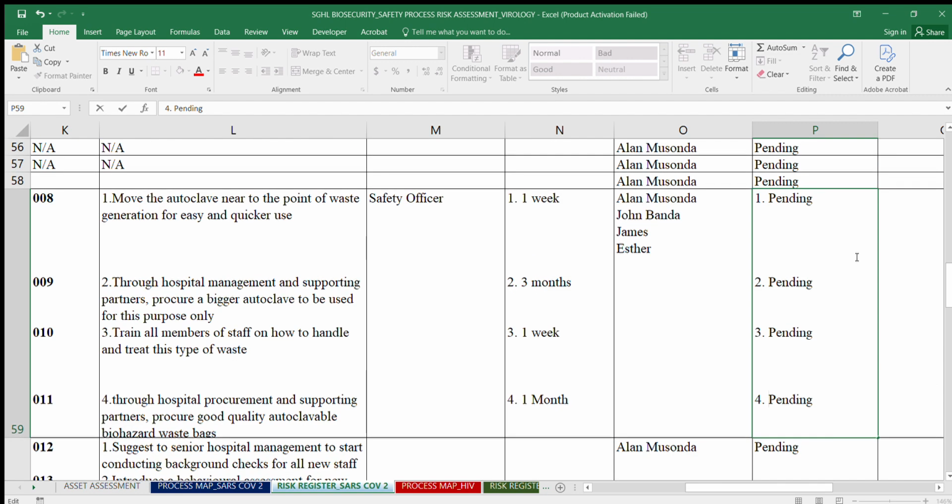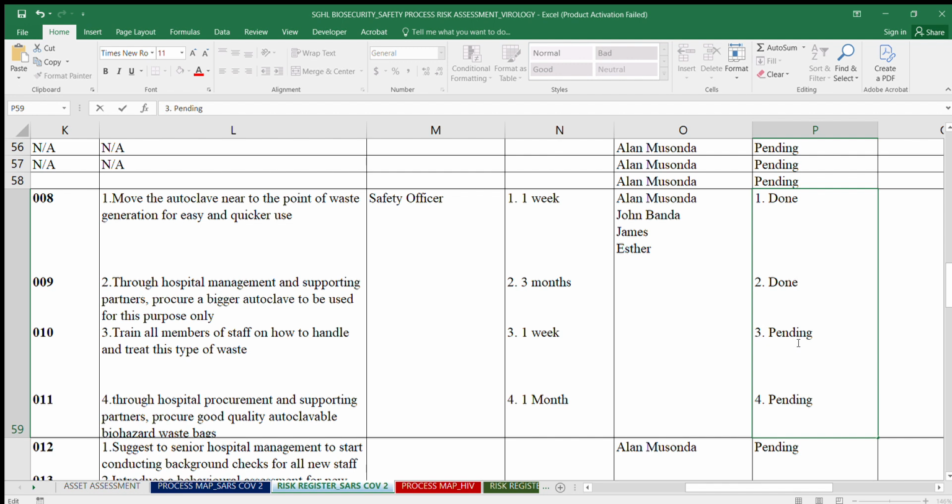Or at the time of your review, maybe it's been 3 months, you need to check whether you implemented these or not, so that you now see whether or not the mitigation worked. So maybe at the time of review, the status has changed. Maybe this is done. Maybe all of them are done.